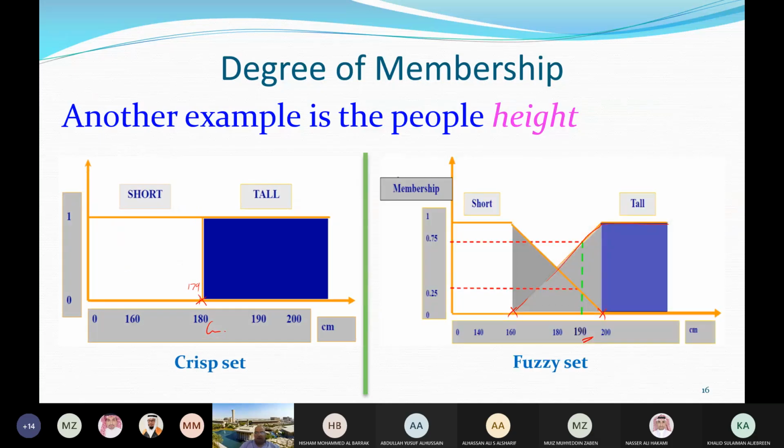Okay, let us put it here. You can say temperature, you measure the temperature. Yes. This is the temperature, and this is temperature here, low.